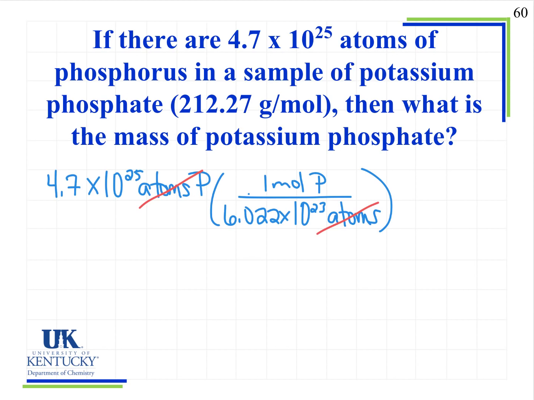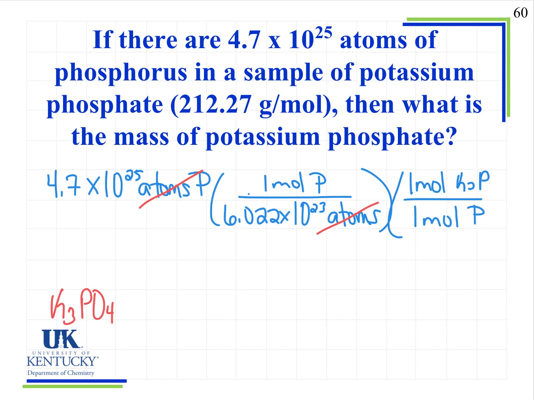Now I can use the ratio in my formula, which we determined was K3PO4. So now I can set up a ratio here, and for every 1 mole of phosphorus, I have 1 mole of K3PO4. So that's the ratio I get from the chemical formula that I found based on the charges of the ions.